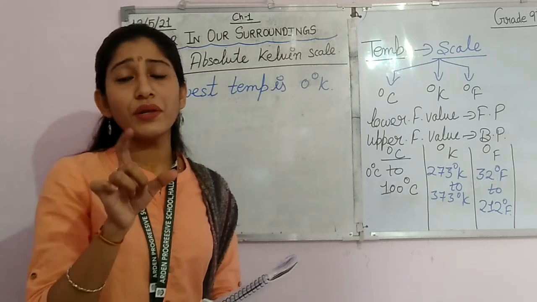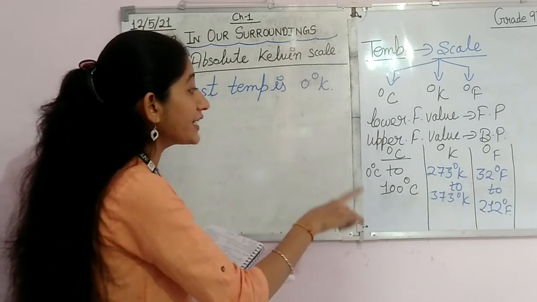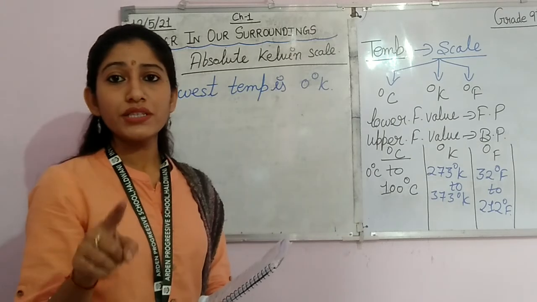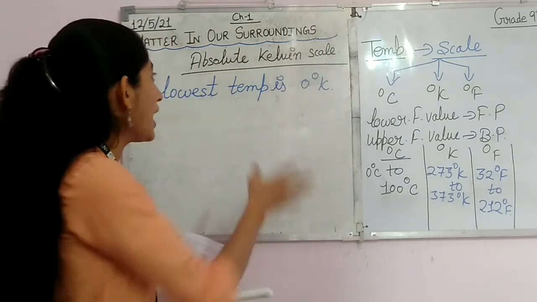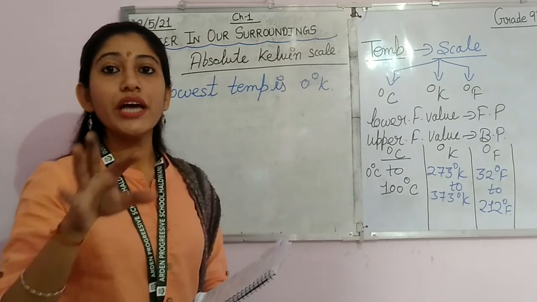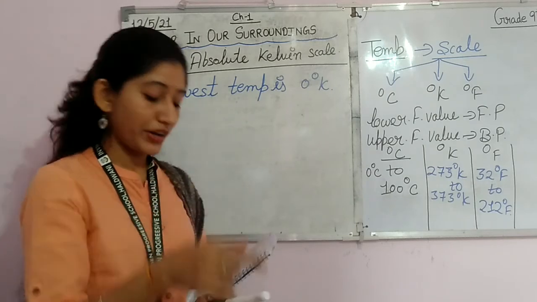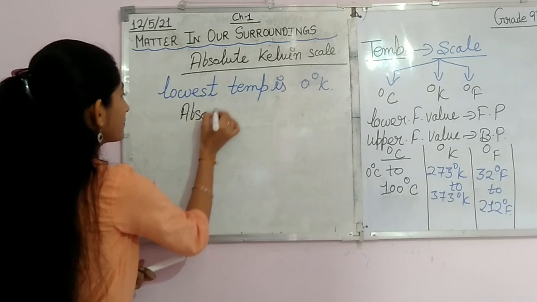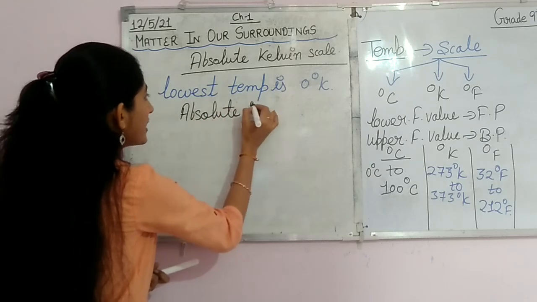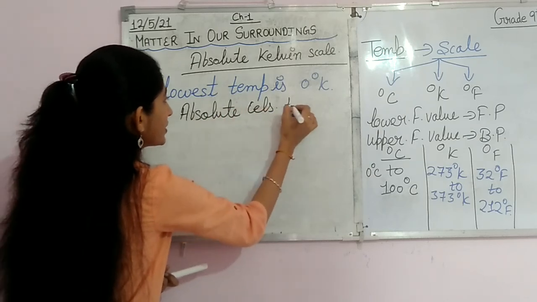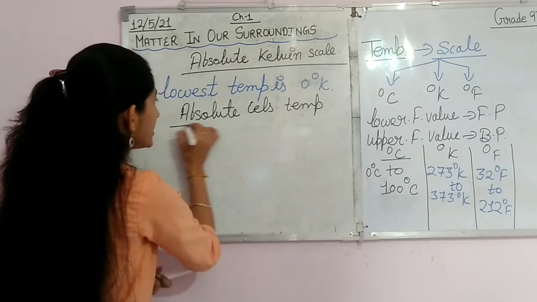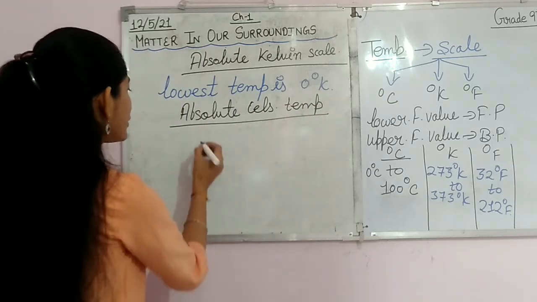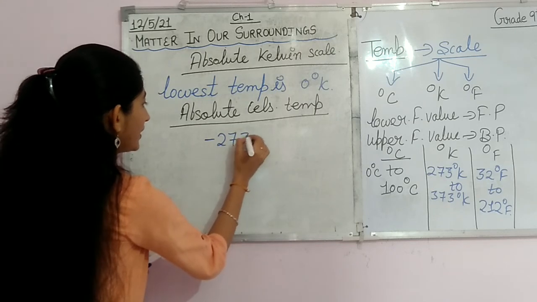We also have the absolute temperature of degree Celsius as well as degree Fahrenheit. I don't think that it is in your syllabus, but when we talk about absolute Kelvin, I must tell you about the absolute Celsius and absolute Fahrenheit. When we talk about the absolute Celsius temperature, it is minus 273 degrees Celsius.